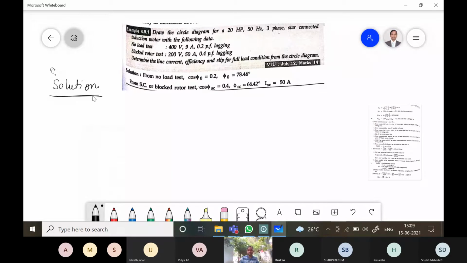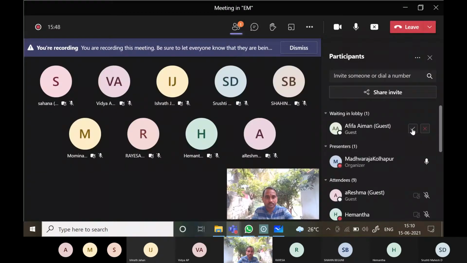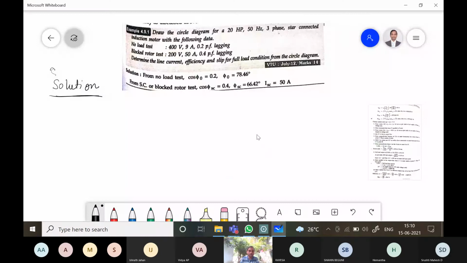Solution. So no load test, that is called V naught. V naught is obtained, that is 400 volt. That is no load test data, and I naught is given, that is 9 ampere, and the no load power factor, cos phi naught, is 0.2.